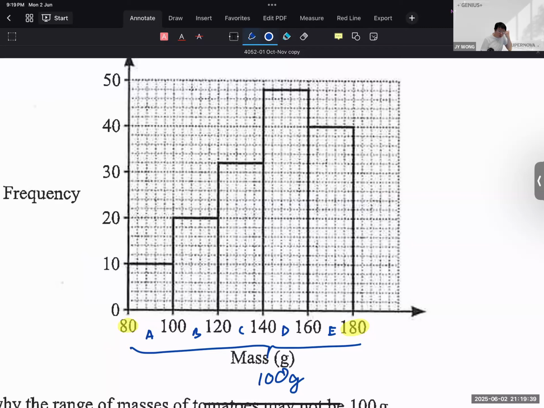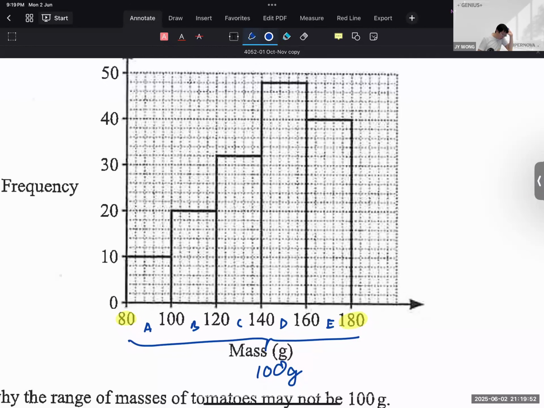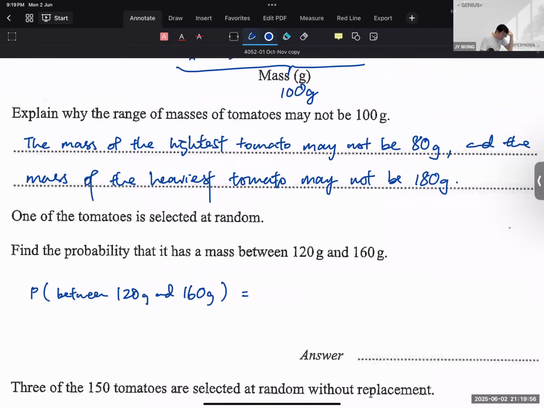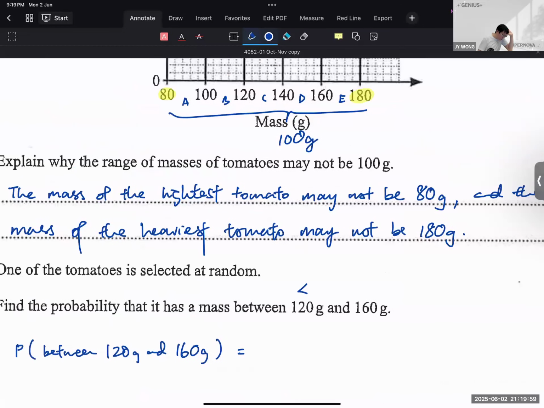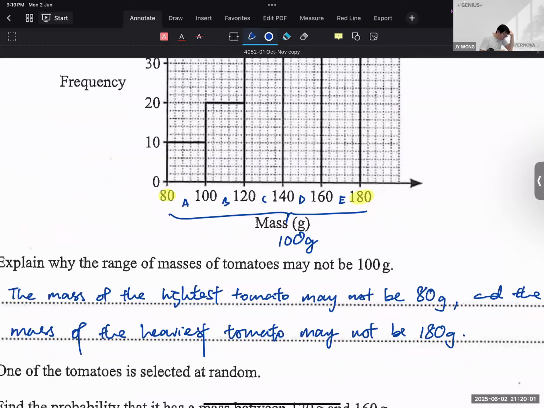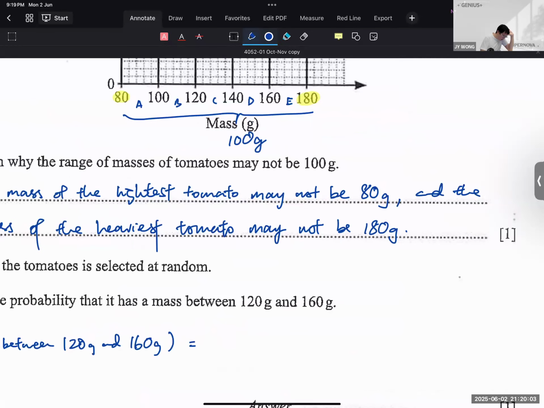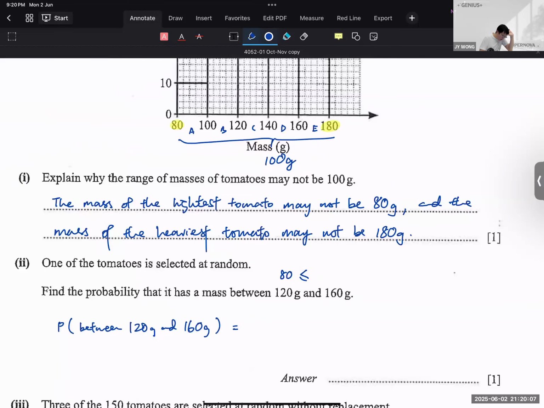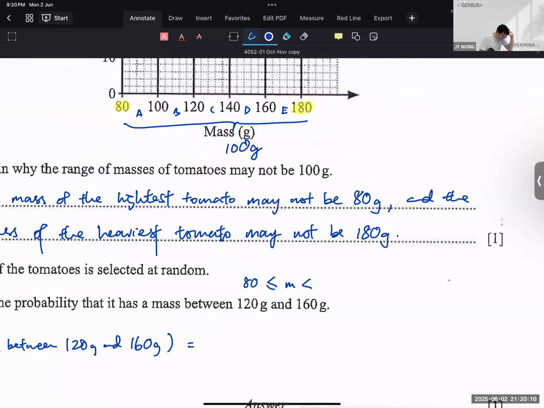Sorry? You must read your histogram properly. Not B, B is between 120. So it's C to D, only C to D because they say between, right? And you must understand how a histogram is displayed when in a class width. Your first interval is normally displayed this way.